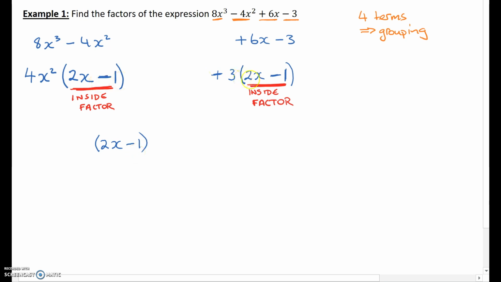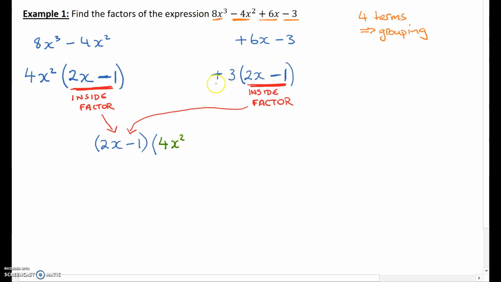So we put those inside factors into a single parenthesis. Okay? And then in the other parentheses, we're going to put the outside factors. So we're going to put the 4x squared, and the plus 3.